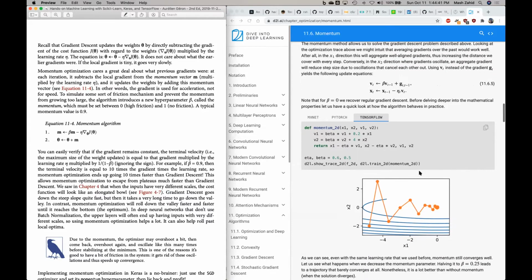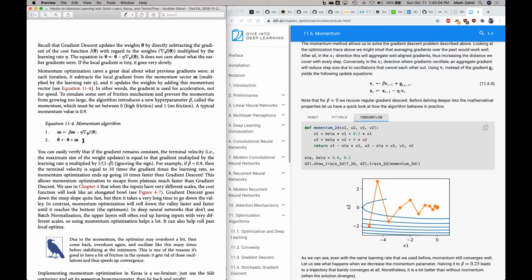I'll try to explain. It slightly makes sense to me on the left. As Raquel was saying, momentum is the current gradient plus a portion of the last one.